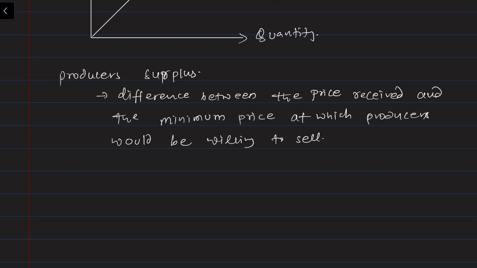To calculate the total producer surplus, we sum up the producer surplus of each seller.